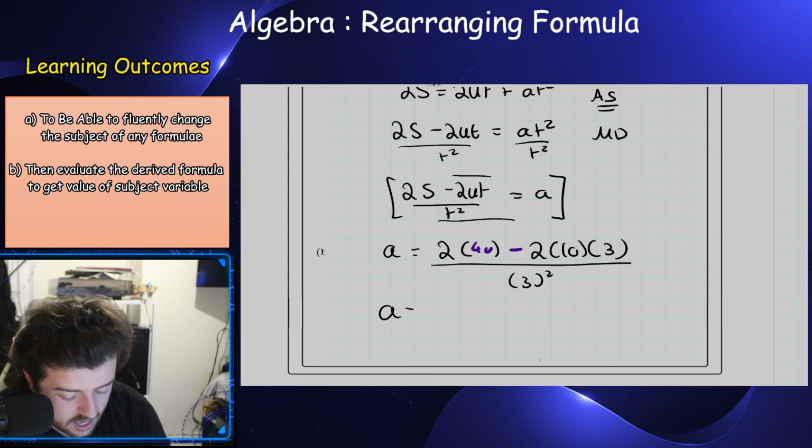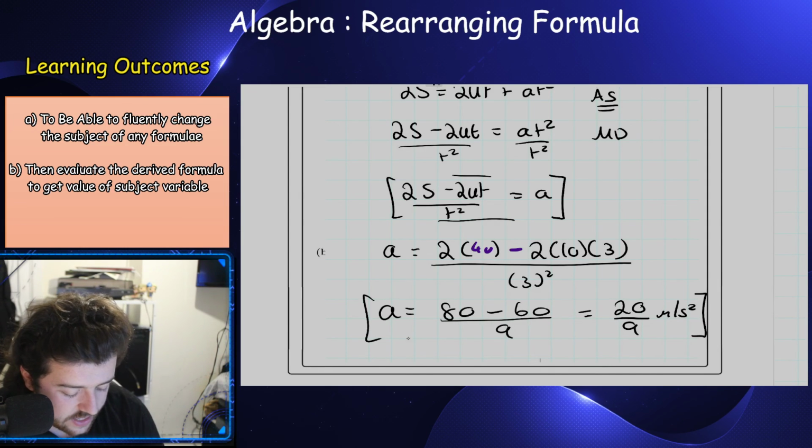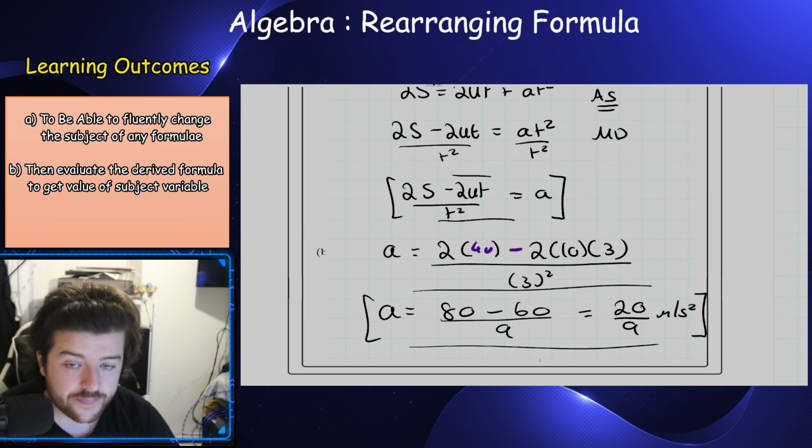So a equals 80 minus 60 all over 9, which is equal to 20 over 9 meters per second squared. And that's my answer for a.